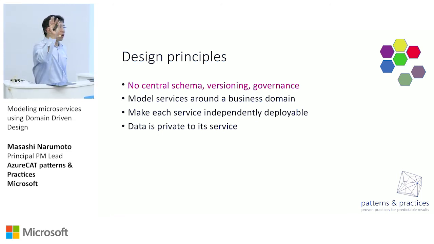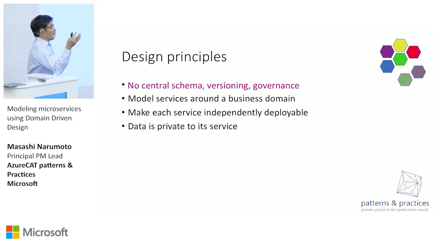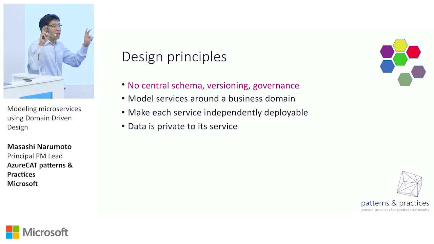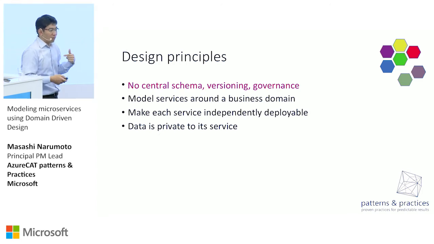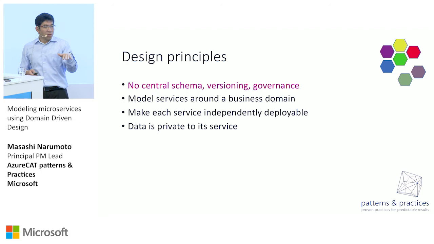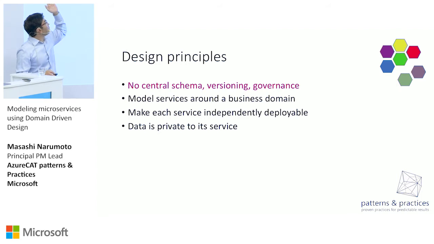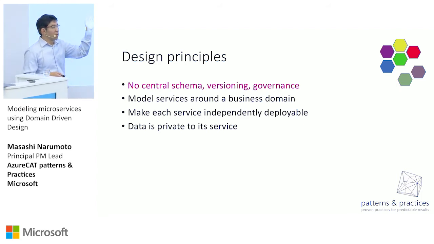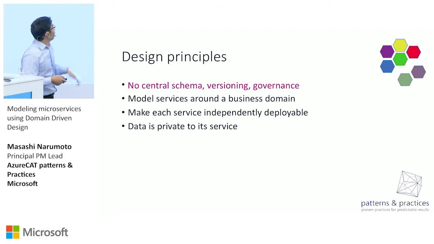You have to ask those central bodies for permission, right? For instance, if you have strong central governance with five enterprise architects, and you have to ask them for approval before changing anything, then you cannot release your stuff. But you have to release five times a day to catch up with the market. How can you do that? Same with the central data schema or version control. Every time you have to change those things, you have to go through that process, which slows you down. So don't do this.